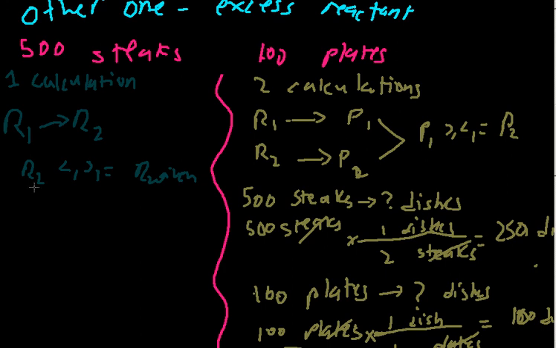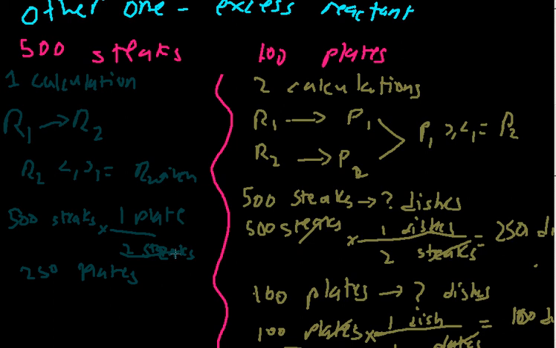So if we take 500 steaks, and each plate takes 2 steaks, we see that we need 250 plates.